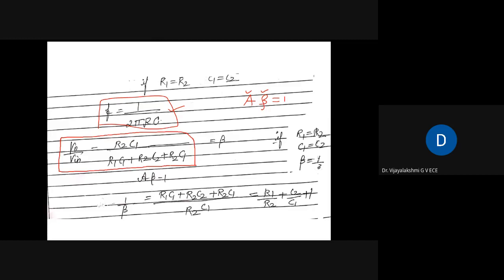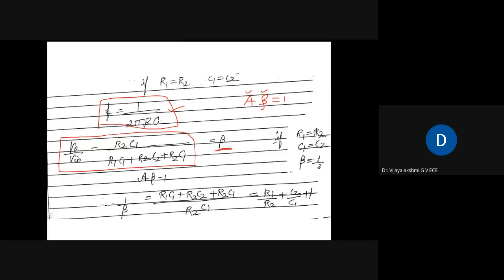Actually, what is this V naught by V in? I told this V naught by V in is nothing but the output and input of the feedback circuit. Now, how do you represent this feedback circuit? By beta. Yes, right? We represent the feedback network as beta. So I can take this quantity is equal to beta.